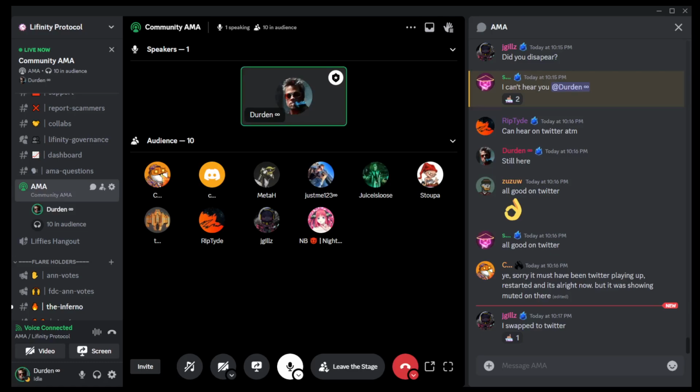Or if anyone wants to come on stage, that's another option. An option that basically no one chooses. But yeah, I will still leave it there for you guys. Lieutenant Lollipop used to come on stage a bunch, but that was a long time ago.